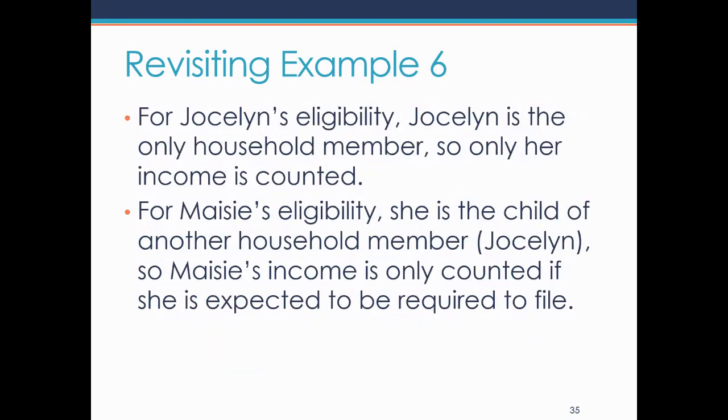And Macy's eligibility, since we'll use relationship rules, her household size is 2, so her mother's income will be counted. However, since Macy is the child of another household member, her income is only counted in her eligibility determination if she's expected to be required to file taxes. So let's take a look at that.